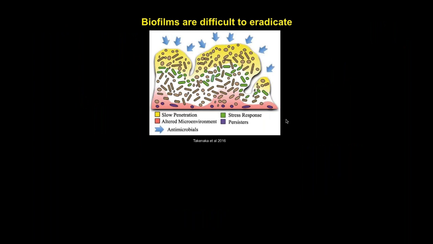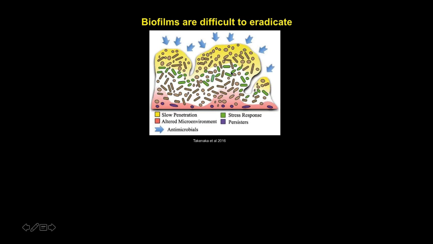And why are these difficult to eradicate? Well, because of this complex matrix around the bacteria, the antimicrobials that might be added from the outside find it difficult to penetrate through. And as they're penetrating through, they will come across different microenvironments. For example, nearer to the surface, there'll be less oxygen available, and there'll be more oxygen around the surface where you've got the channels passing by.